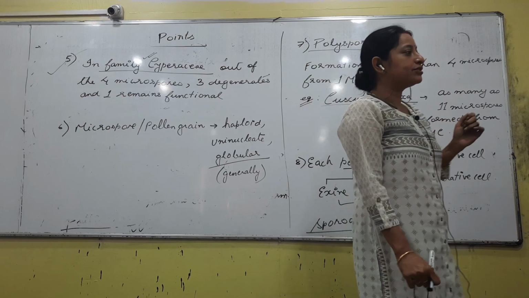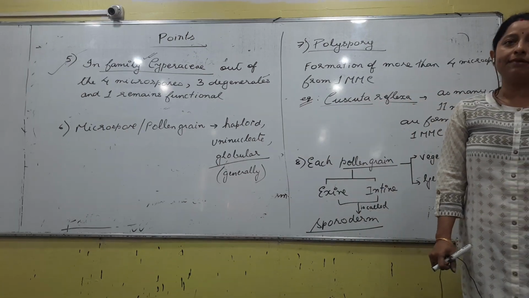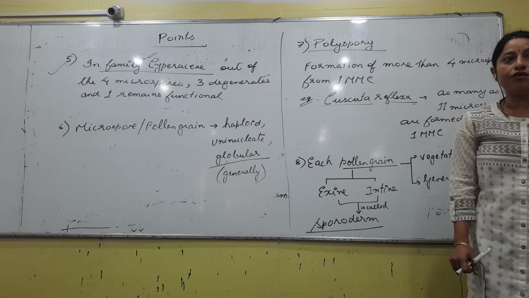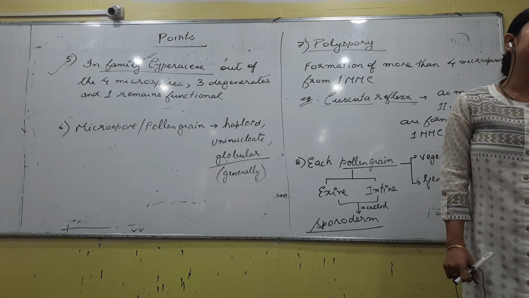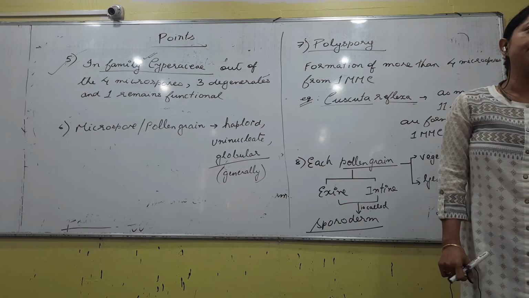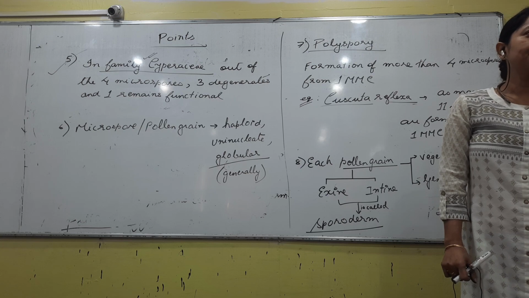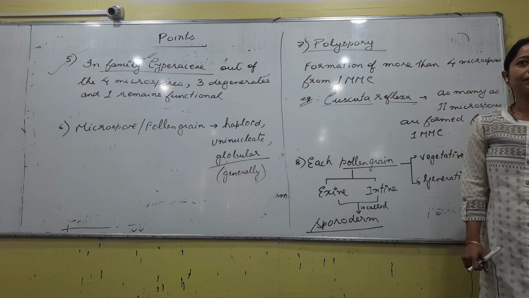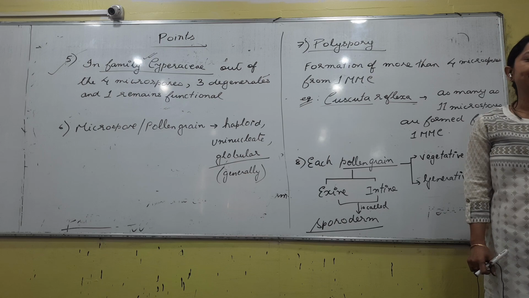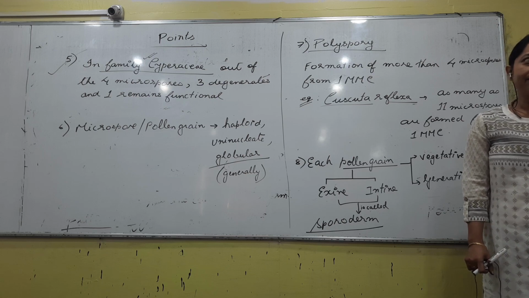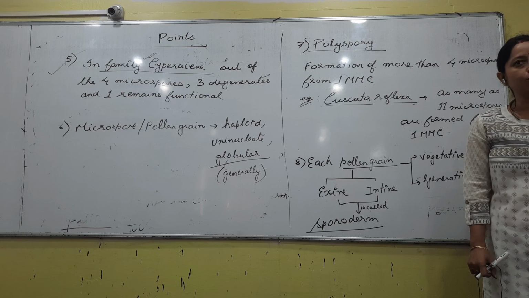What happens to the microspores after they are formed? We know from one MMC there are 4 microspores that are formed. What will happen to the microspores? They will germinate. How many microspores germinate out of 4? Normally how many? You have heard about the words microspores and megaspores, right?